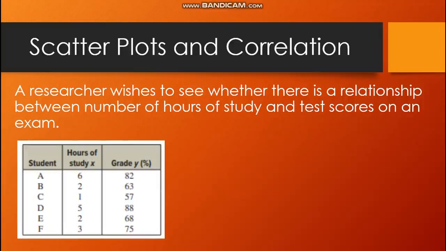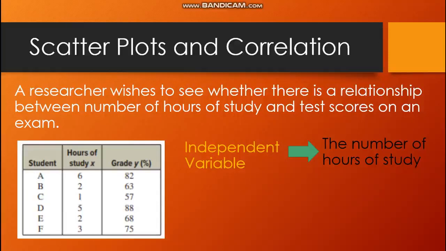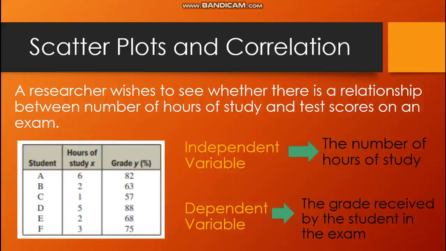Pag sinabing independent variable, yun yung variable na can be controlled. In the case po ng ating halimbawa, ito yung ating number of hours of study. While yung ating dependent variable, ito naman yung cannot be controlled or manipulated. Sa case ng ating example, ito yung grade of the students received right after taking the examination.